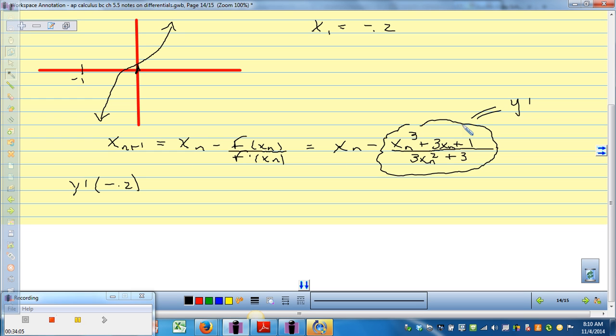But once I find y1 of negative 0.2, then all I need to do is do negative 0.2 minus y1 of negative 0.2 to get the value. And what that is getting me is my x of 2. It's getting me my point closer to the actual intercept.